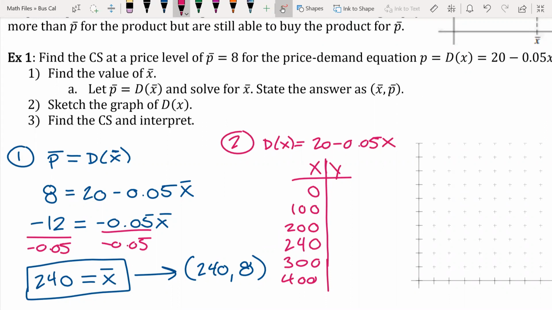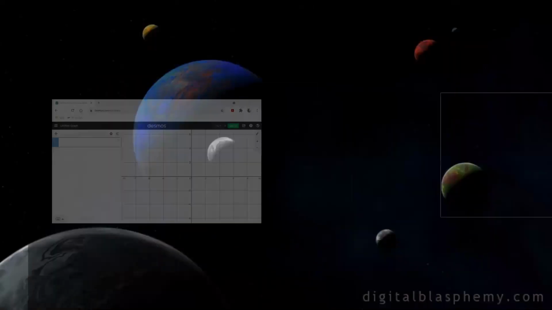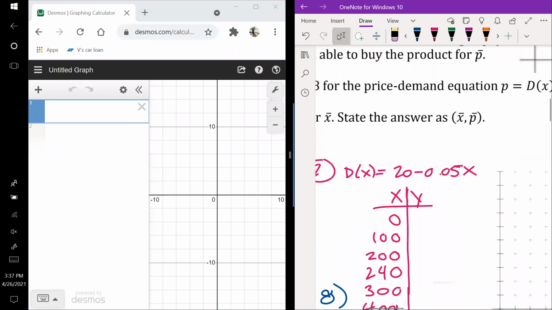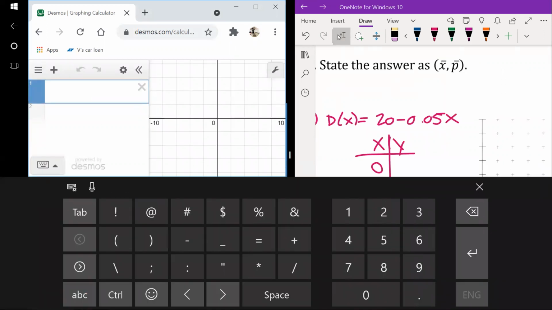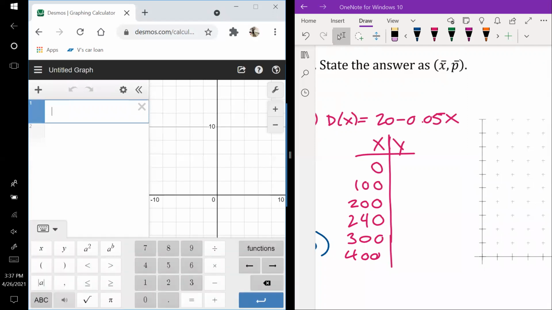Okay, and we're going to plug all these numbers in for x. So that means we could use Desmos. Let's go ahead and make this XY chart. Okay, 20 minus 0.05x.